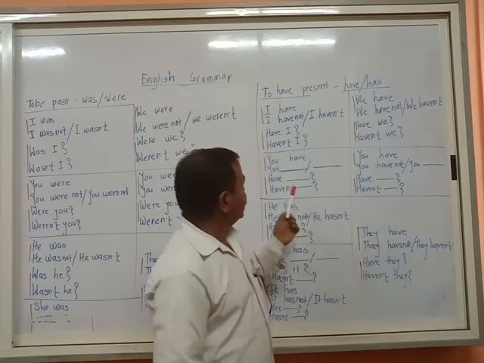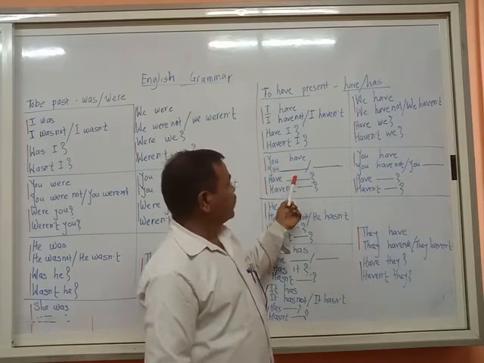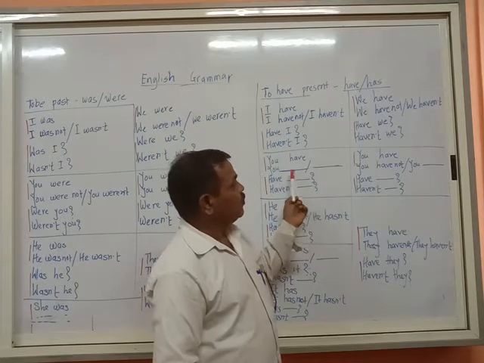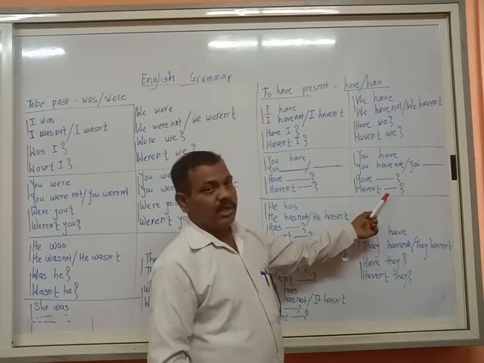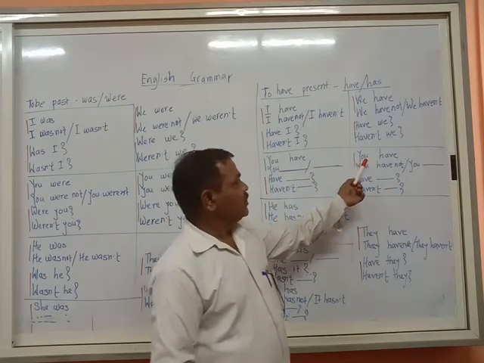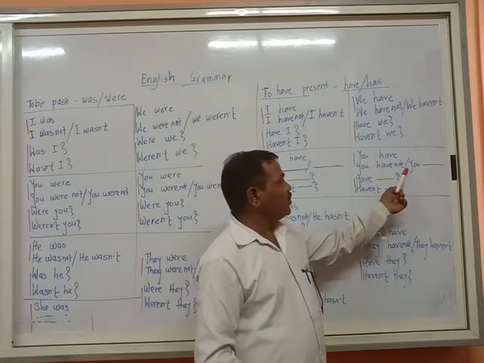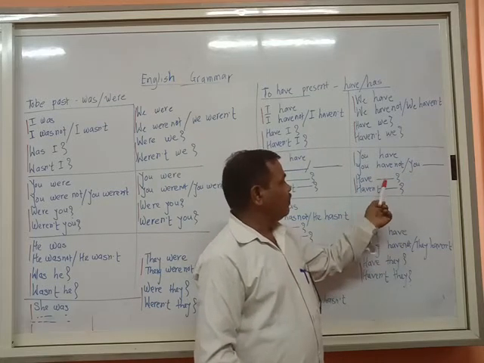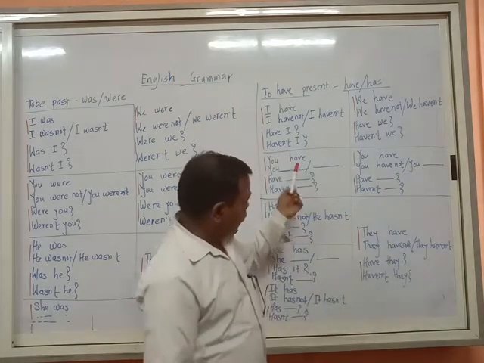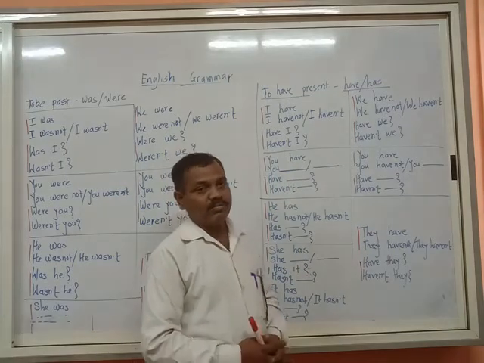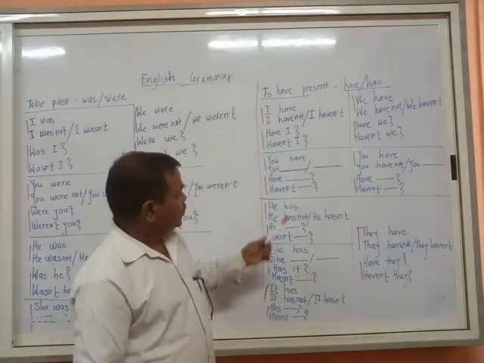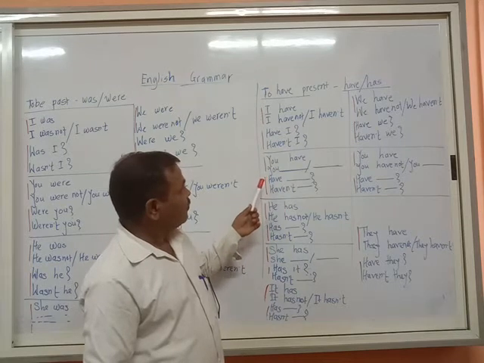Like that. You have not, you haven't. You have to fill up these gaps. I have kept it incomplete. You have not, you haven't. Have you, haven't you. So you have to fill up these gaps yourself.